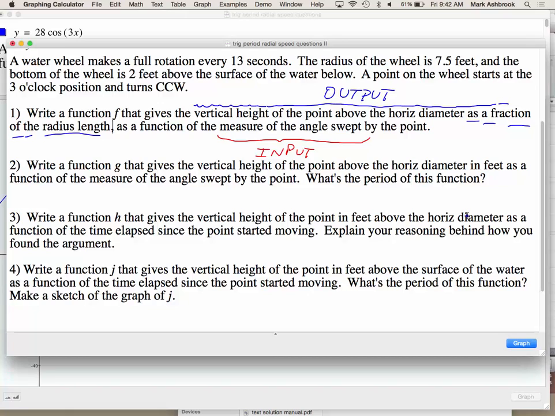Yes, 2.5. Good. So we set up theta for t. Okay, people, it's ready to catch on.